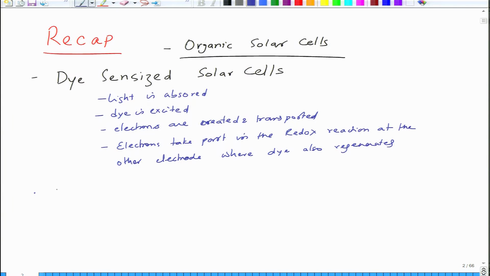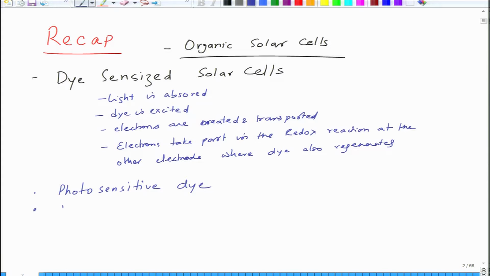The key components in these solar cells were, first, the photosensitive dye. The energy levels of this dye are very important, so that you are able to absorb photons of appropriate wavelengths and excite the dye.